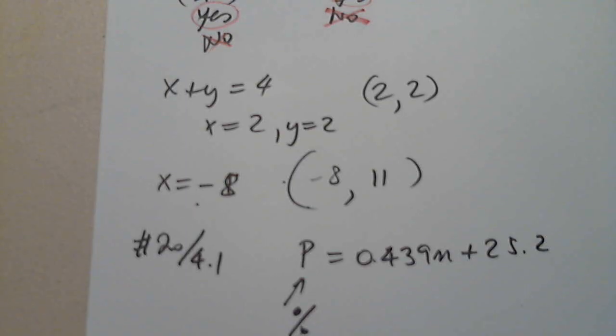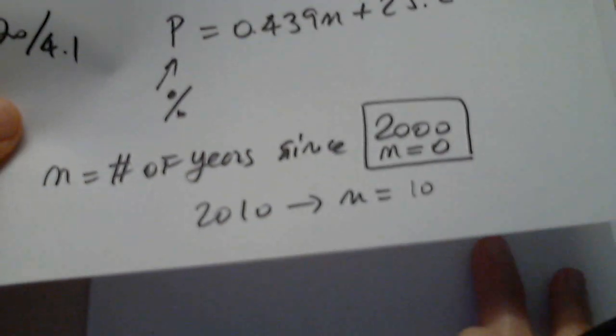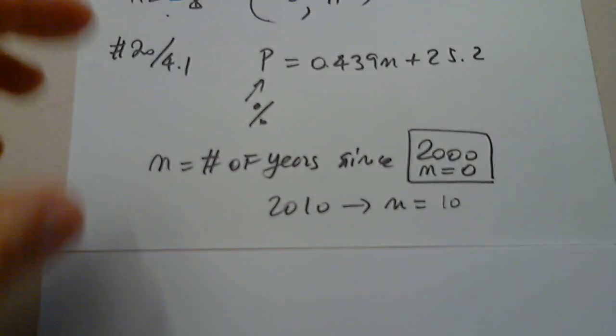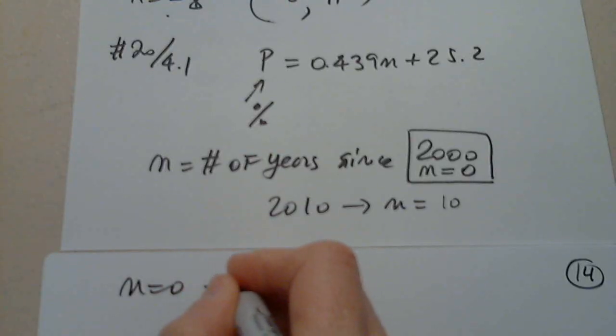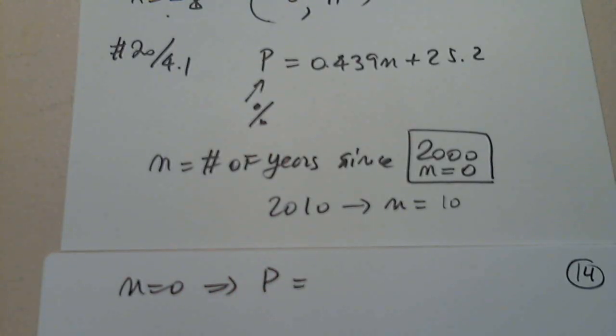In the year 2000, in other words, when N is 0, what is the ordered pair that we are looking at? Can anyone give us P, the percentage, when N is 0?